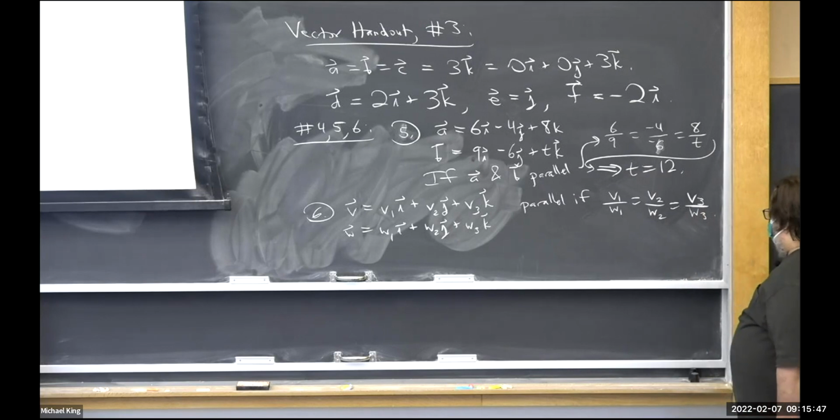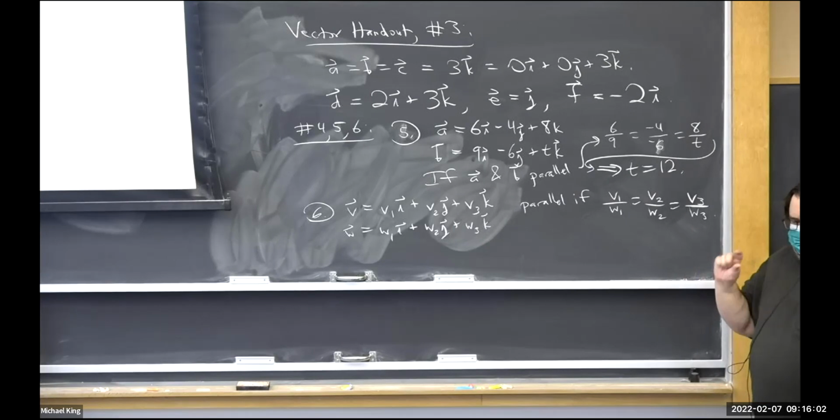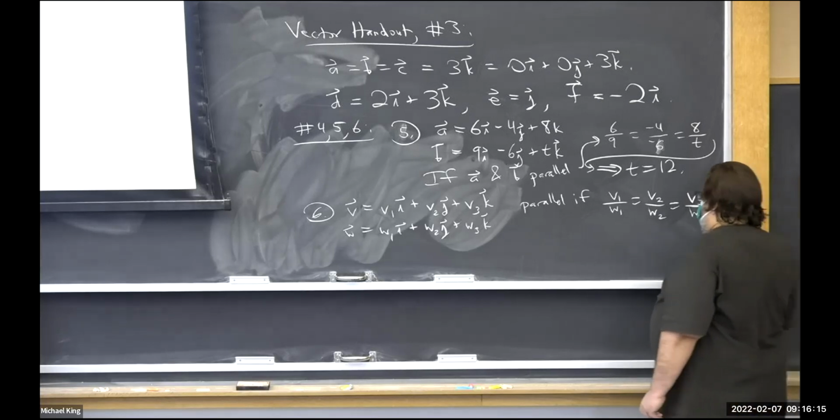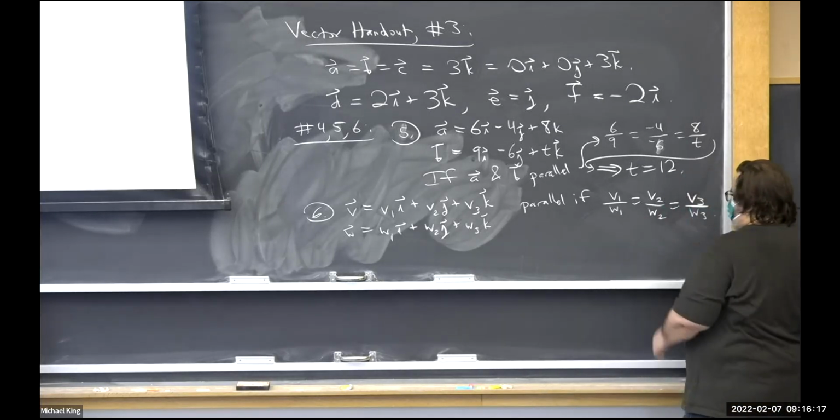Another way to say that, though, the one thing we have to be a little careful with is the 0 vector. The 0 vector is just 0i plus 0j plus 0k. It's like no arrow at all, just like a point. Sometimes when we're doing mathematical problems later, we're going to want to include the 0 vector, even though geometrically it doesn't really make sense to say it's parallel. So I don't like the idea that there are zeros on the bottom here.